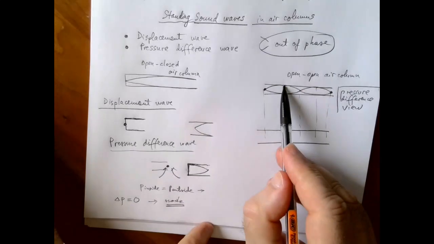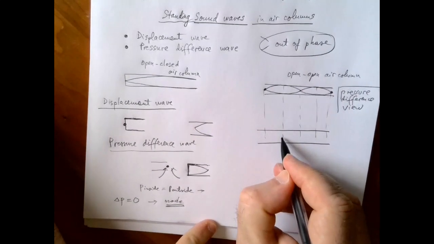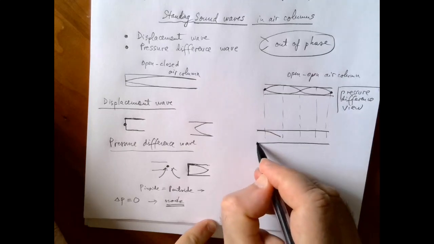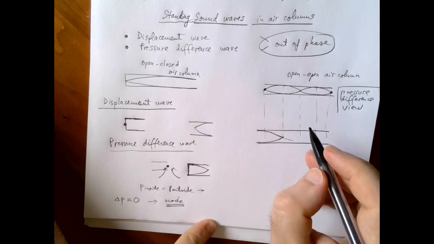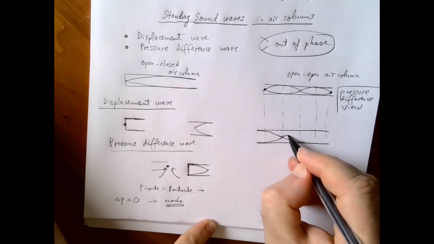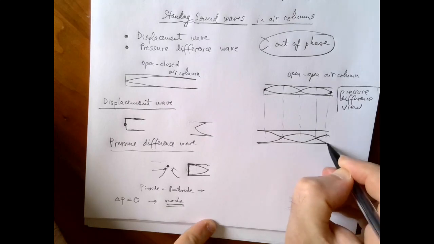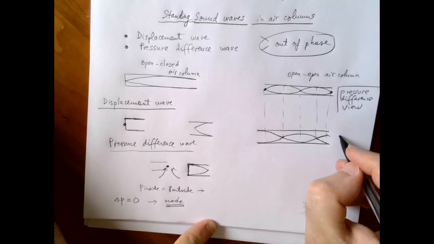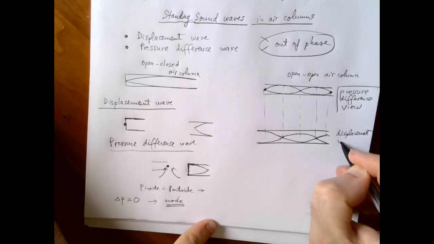So if here I had an antinode, here I will end up with a node. So the view will be like this. And then the wave will go like this. And I end up with this picture. This is the displacement wave view.